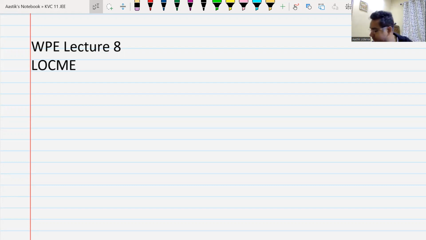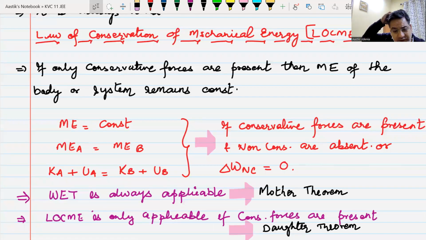This is lecture number 8 in work, power, energy, and we are dealing with the law of conservation of mechanical energy. In the previous class, we saw how we can do problems with the law of conservation of mechanical energy, and where it is applicable.